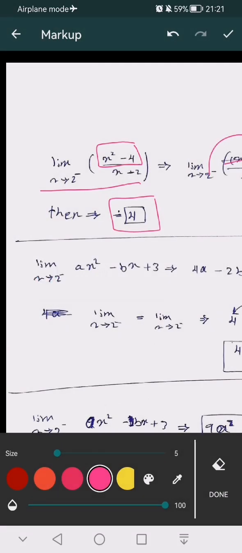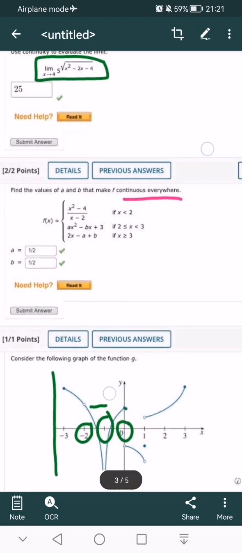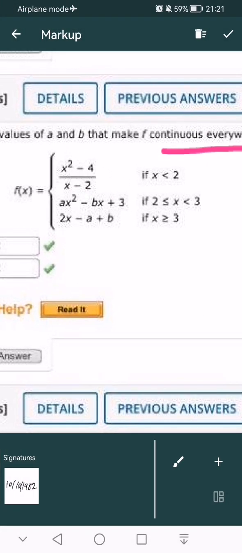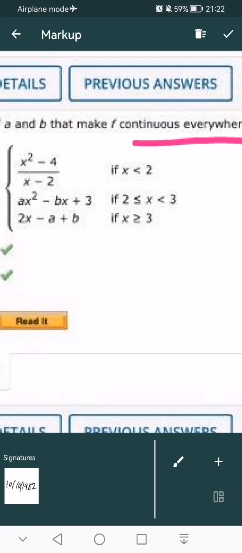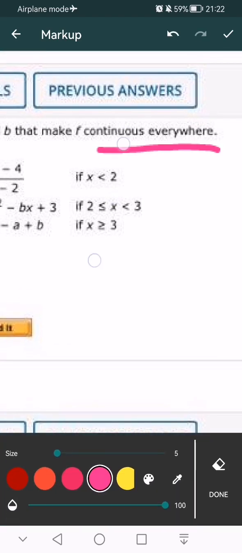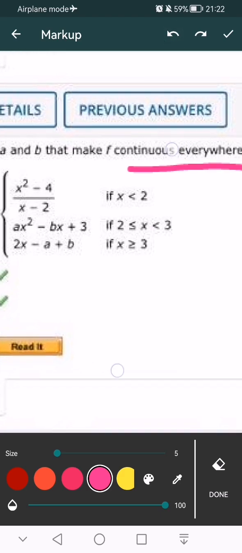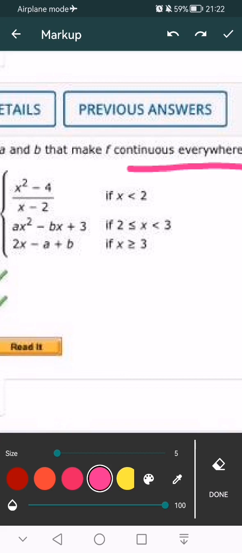Now let us go to the second equation. They say it is ax squared minus bx plus 3, for x greater than or equal to 2 and less than 3. When I say greater than 2, it means 2.11111, which is greater than 2.